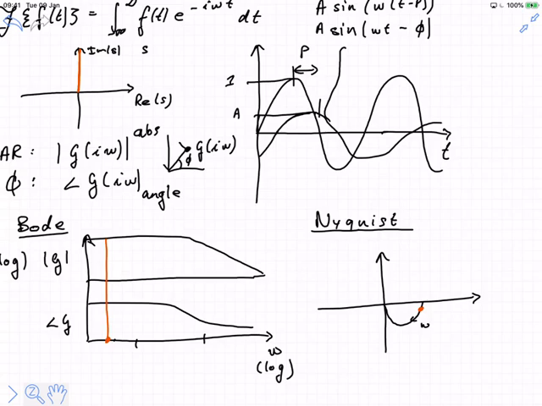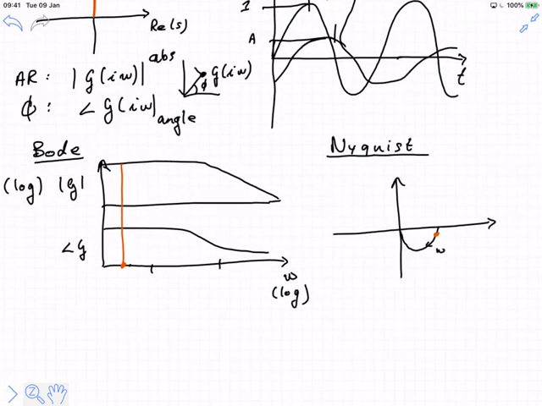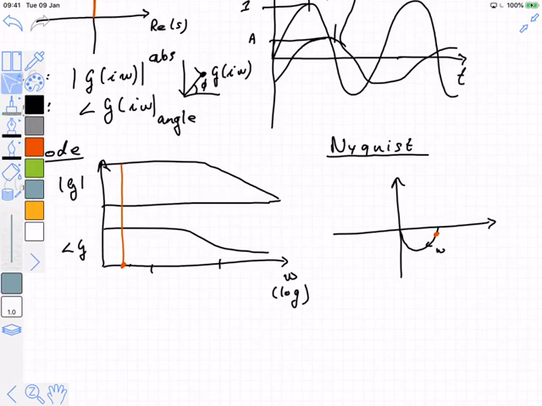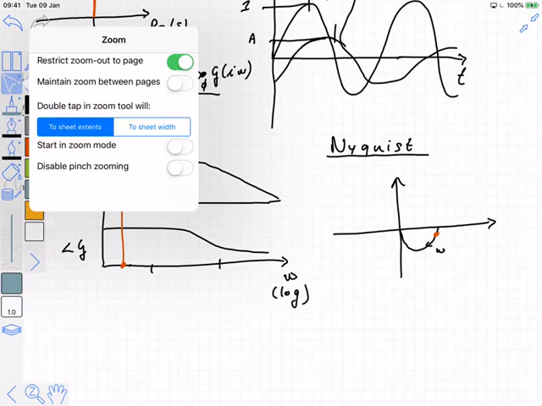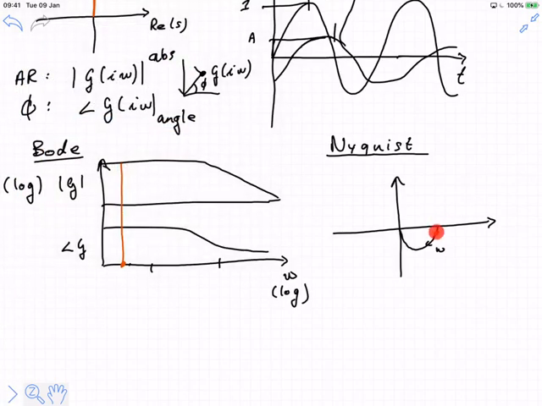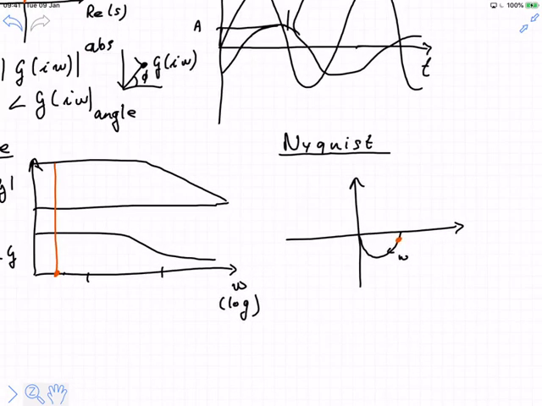Okay, so we know that the amplitude is going to be bounded by zero. It's never going to go less than zero, right? So now think about what's happening. So that's that point. Then we have, as the frequency increases, so effectively, that's the point that corresponds with the very low frequencies over there.